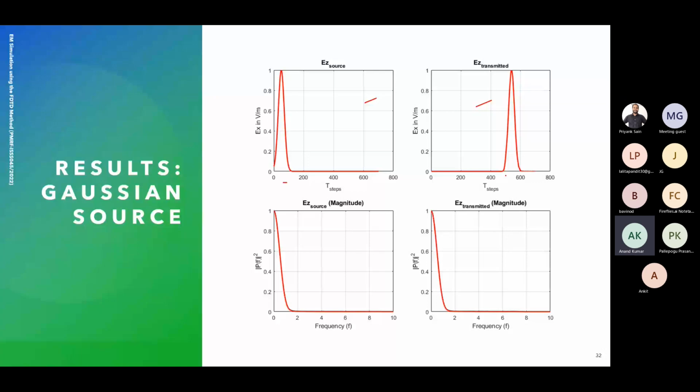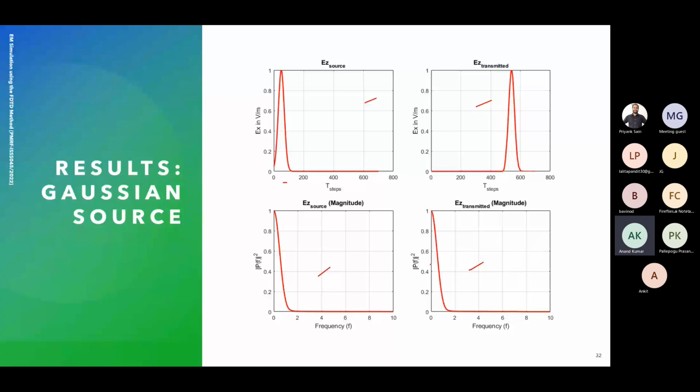At a later time we see the same pulse, and when we perform the FFT on both of them, we get the same results because the FFT is independent of how much delay there is in time. So for the Gaussian source, we have this particular FFT.